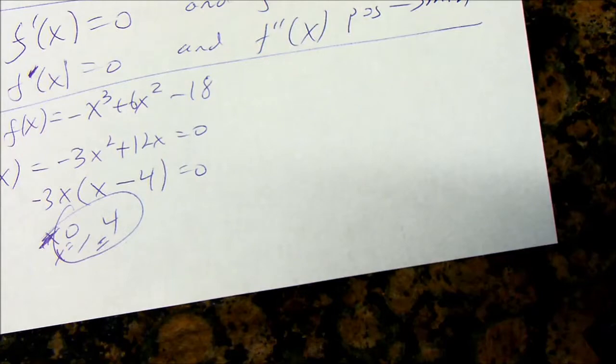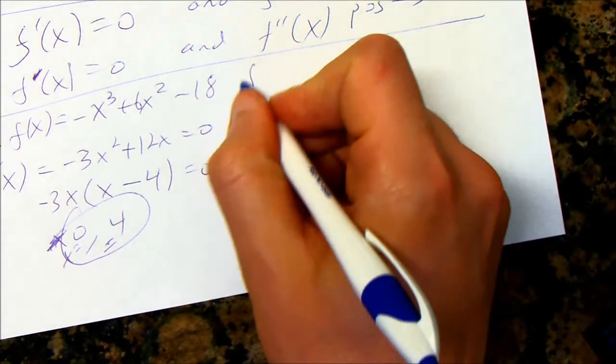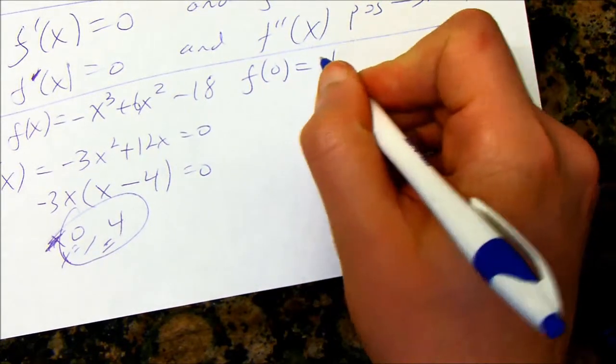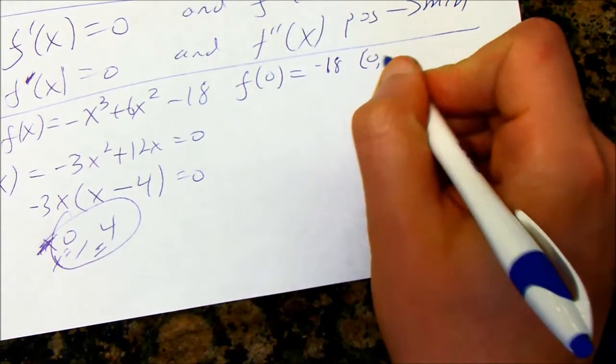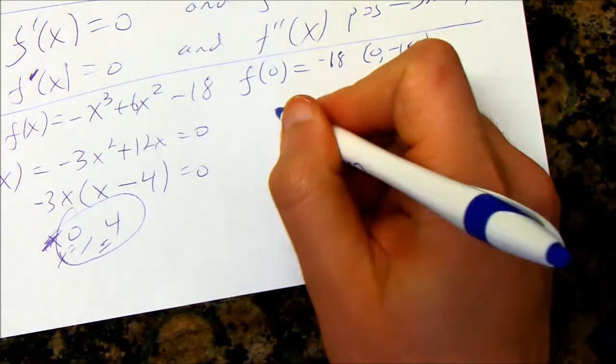Oh, it does ask for the coordinates of the extrema. So for the extrema, you have to plug it back into the original. So f of 0 is going to be negative 18. So (0, negative 18) is one of my coordinates.